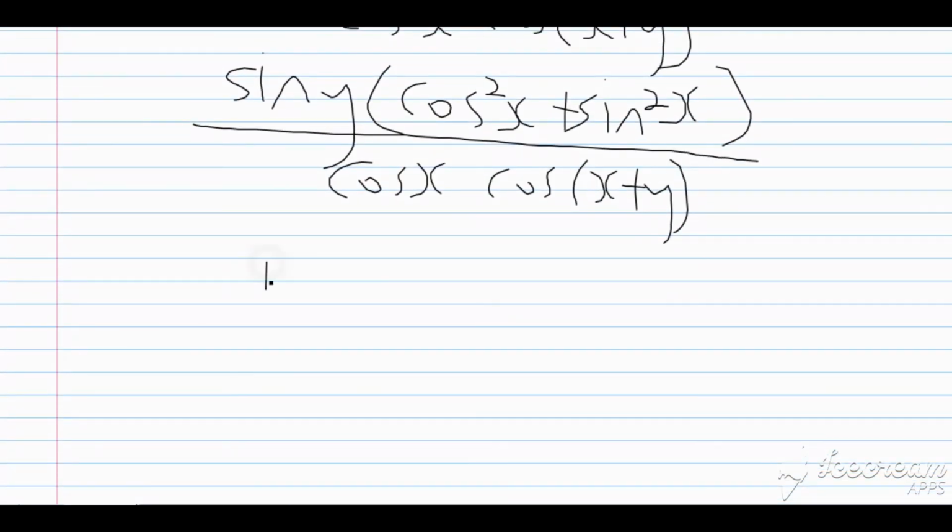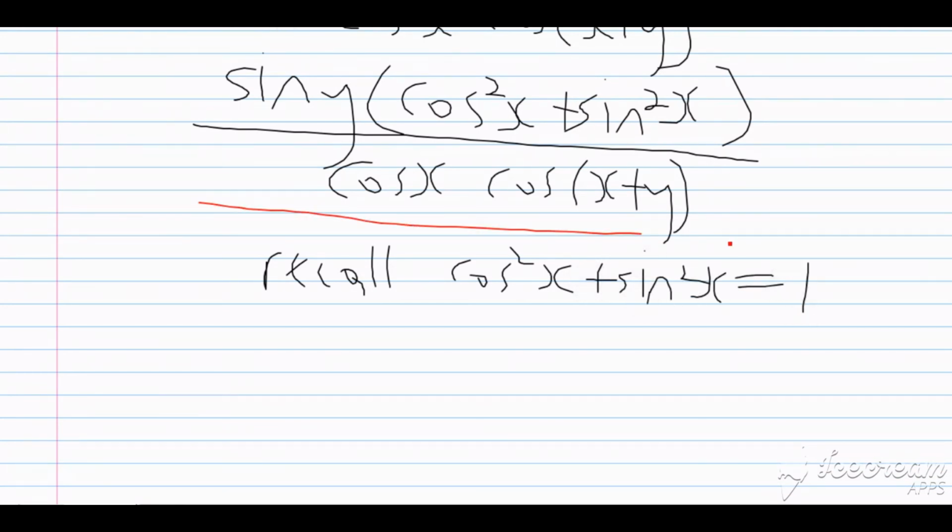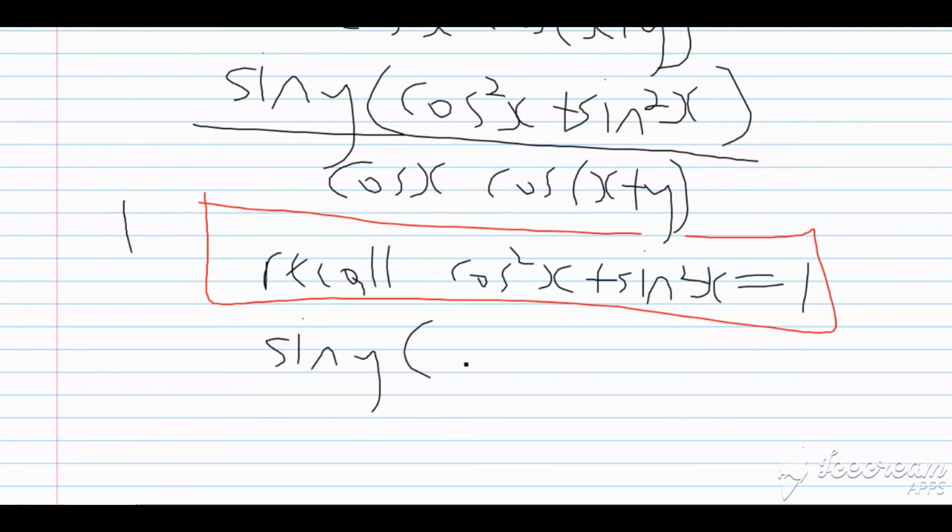Now I can recall that the cosine squared of x plus the sine squared of x is equal to 1. And this is a very powerful identity right here, right? That's something that we must know. So this identity, this is going to become sine y times 1 all over cos x into the cosine of x plus y.